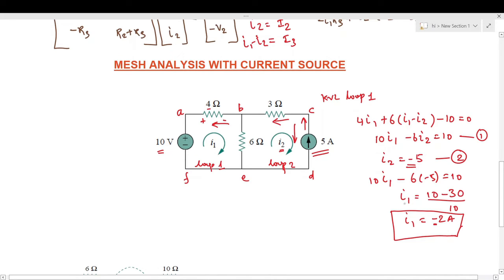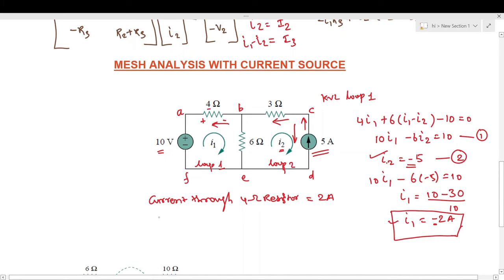Now we know the values of mesh currents I2 and I1. From this, branch currents can be found out. So the current through the 4 ohm resistor is equal to 2 amps.